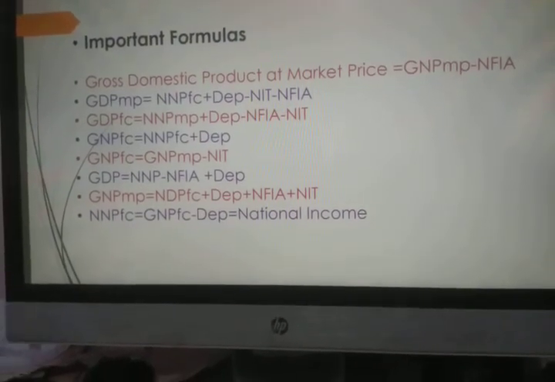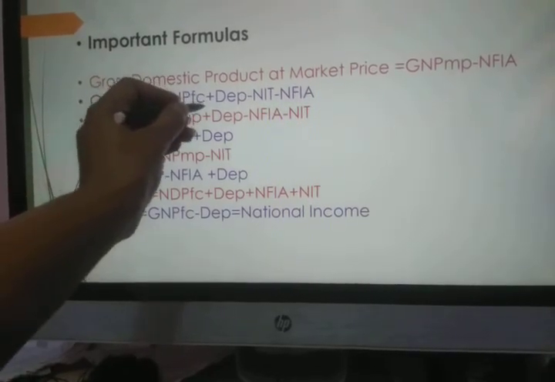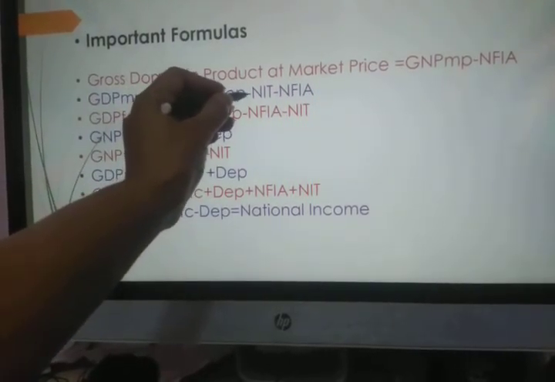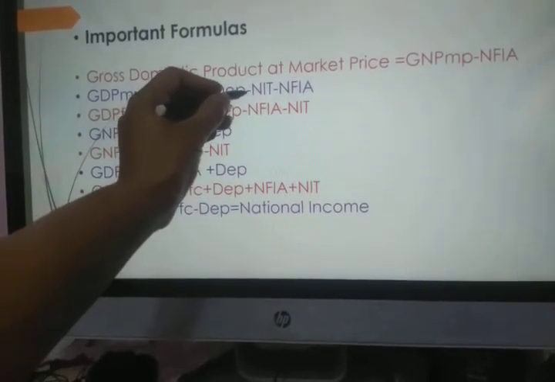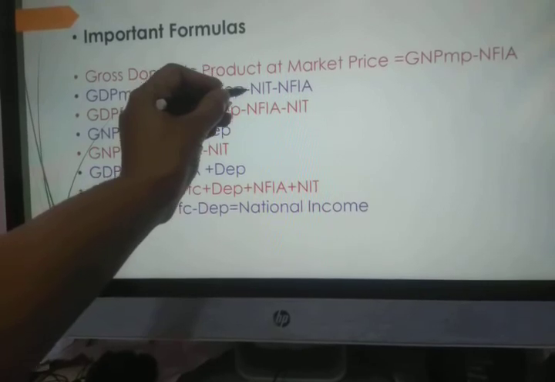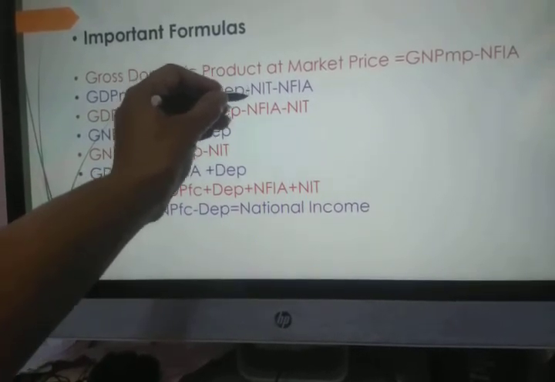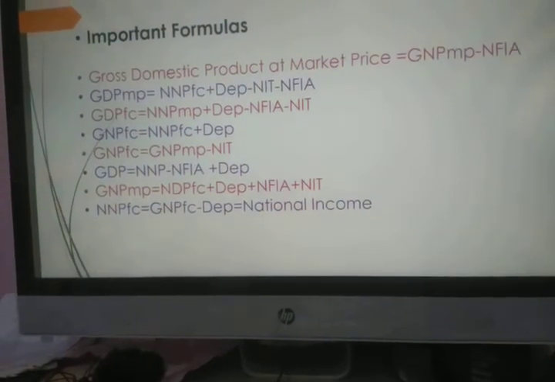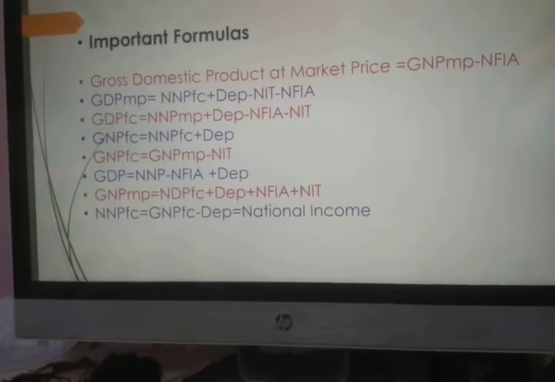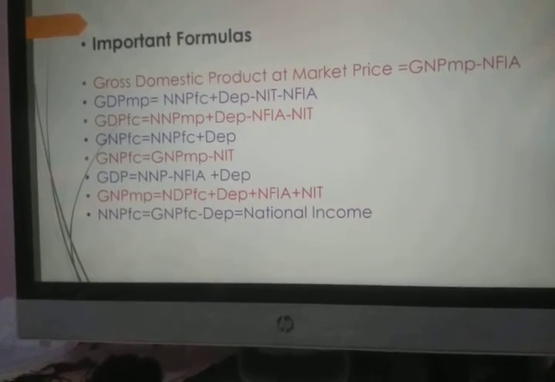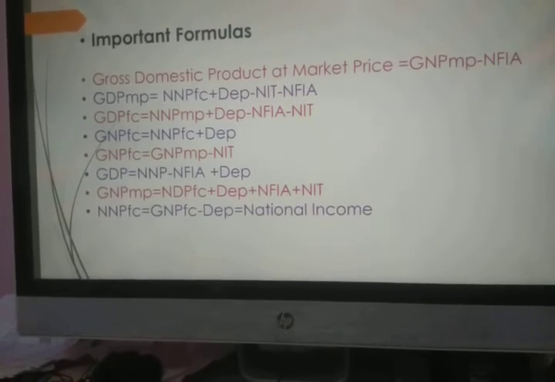So this is your GNP MP, FC plus DEP plus NIT, and this is minus NFIA. So this NIT is going to be added here. This is going to be plus here. So remember this. This is to be added. Now next is GDP FC is equal to NNP MP plus DEP minus NFIA and minus NIT.